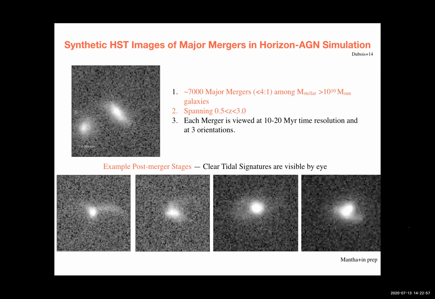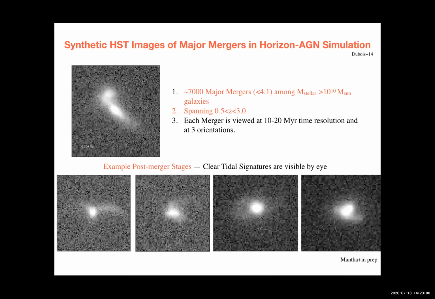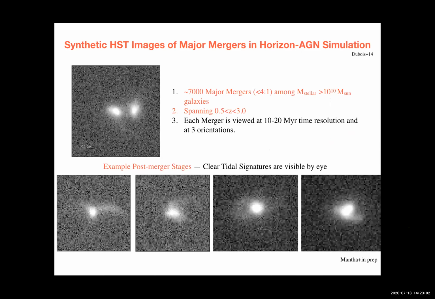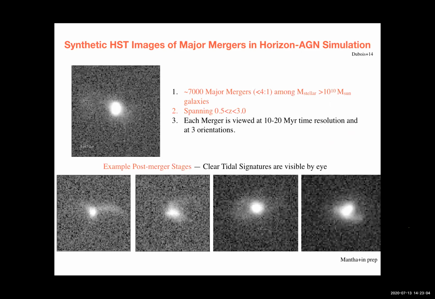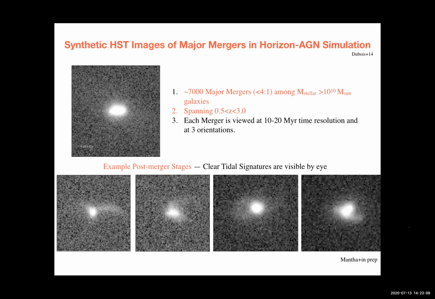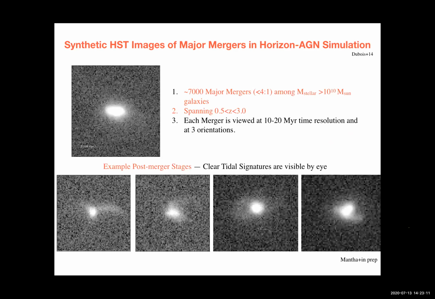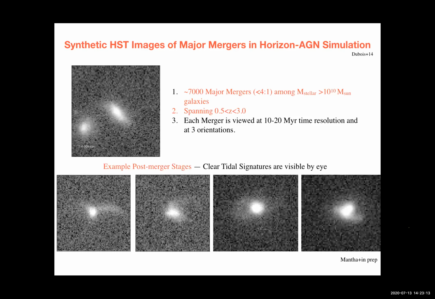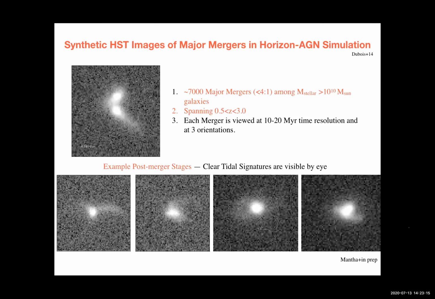So what I'm doing is I'm using the synthetic HST observations of major mergers in the Horizon-AGN simulation. Roughly there are 7,000 major mergers for masses greater than 10 to the 10 solar masses, spanning redshifts 0.5 to redshift of 3, which is the ideal redshift range that I'm working on.